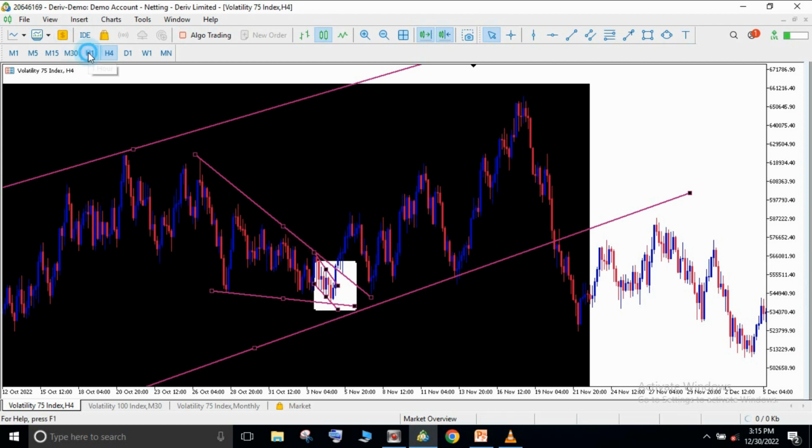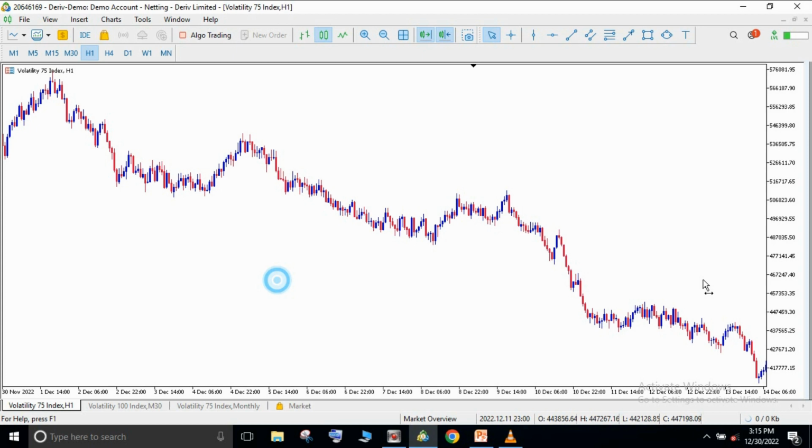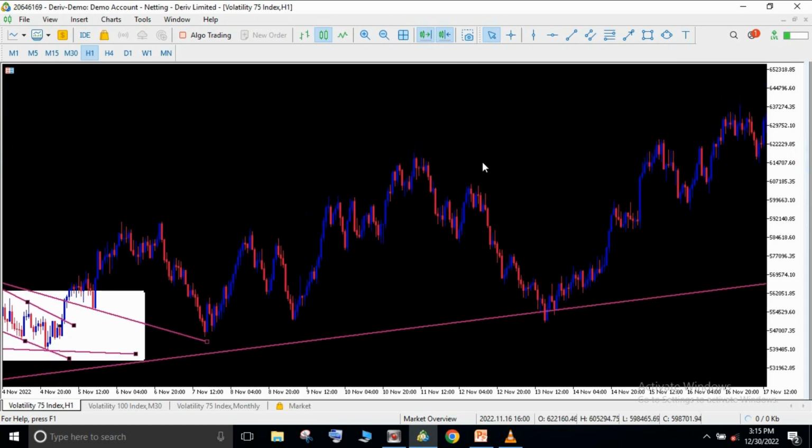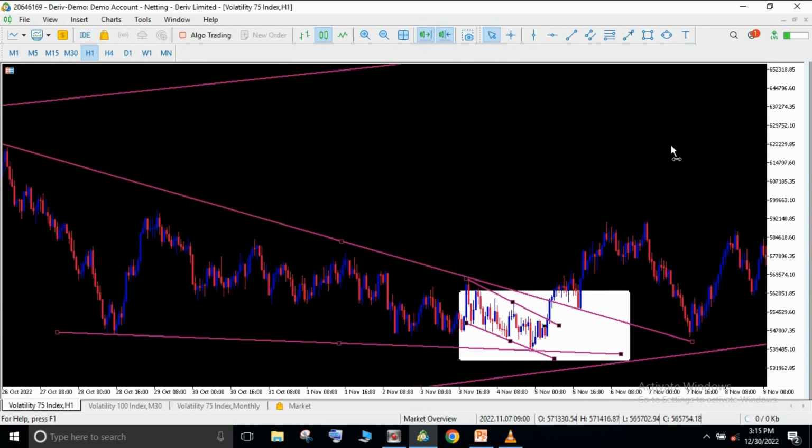So we dive into H1. When you reach H1, so this is the downtrend in H4 and in H1. Also in H1 we got the same pattern.